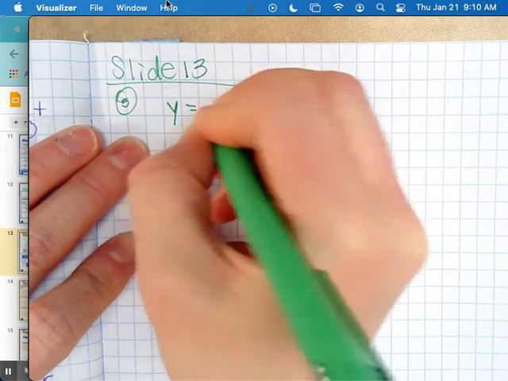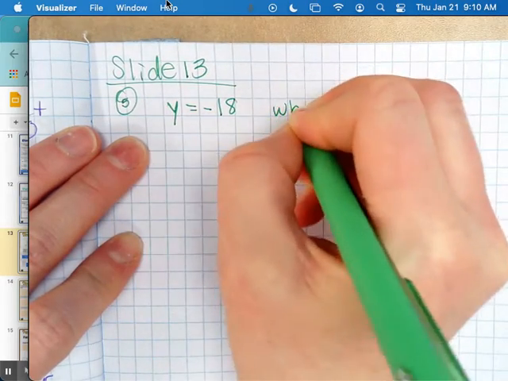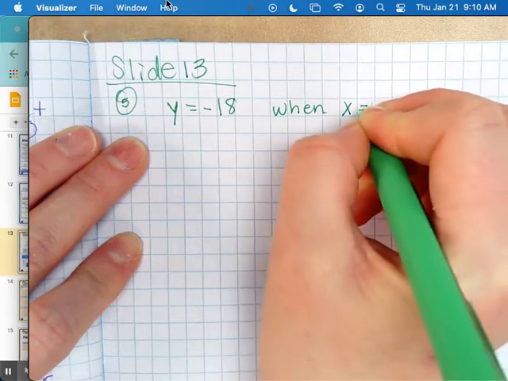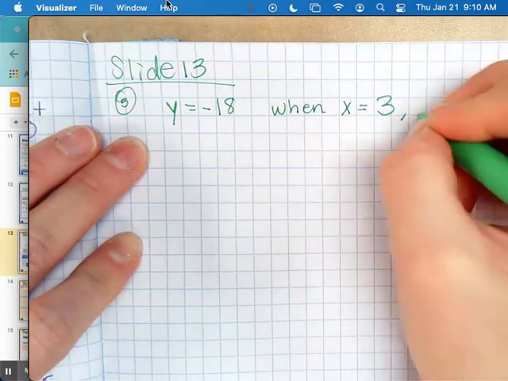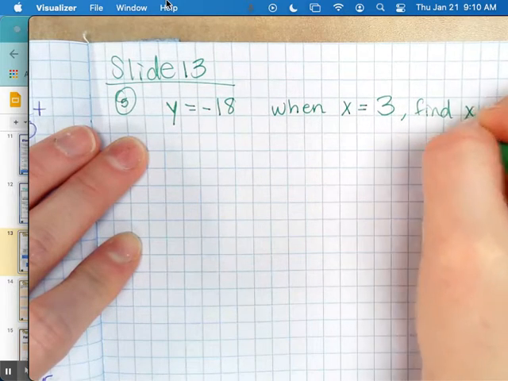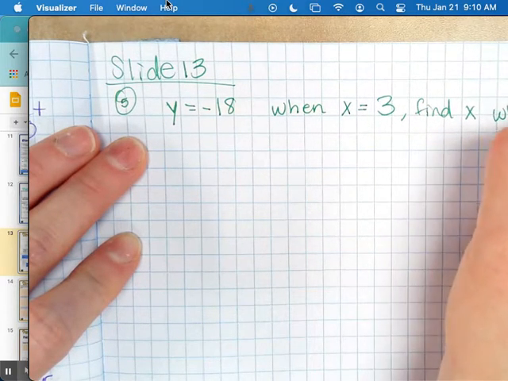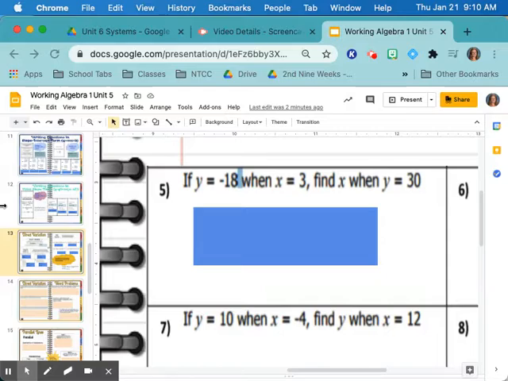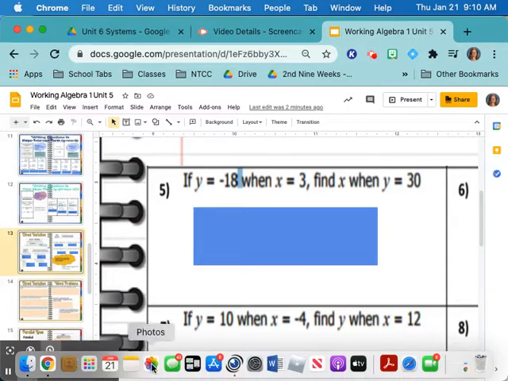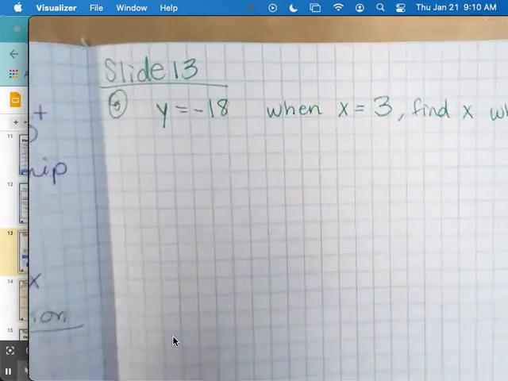Y equals negative 18 when x equals 3. Find x when y equals 30. Should I make sure I wrote it down correctly?